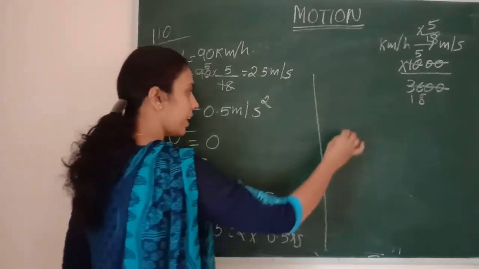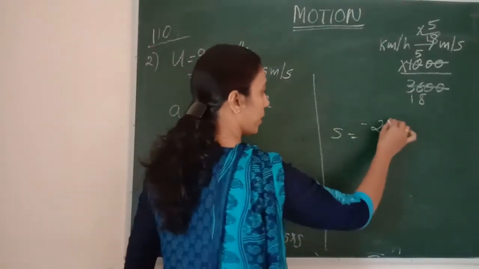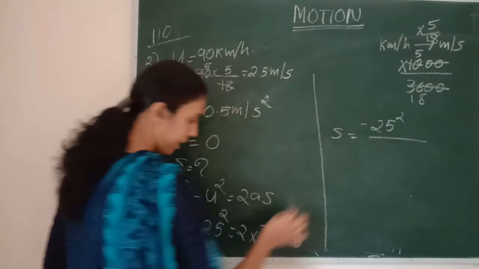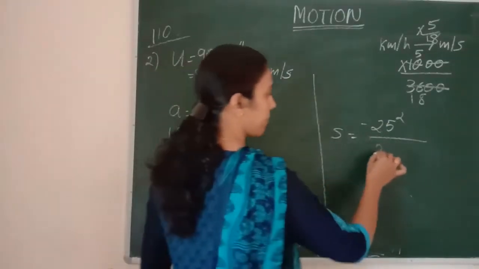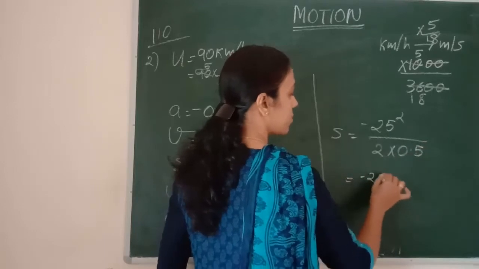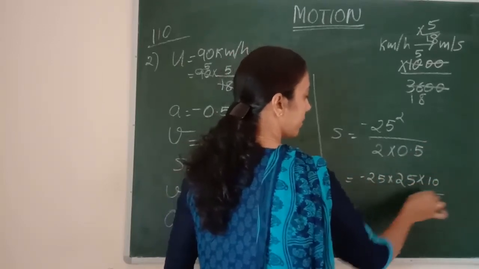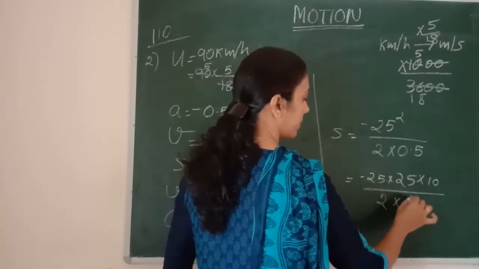Therefore, s equals, how can we find out? Minus 25 square divided by 2 into 0.5. Minus 25 into 25 into 10 divided by 2 into 5.